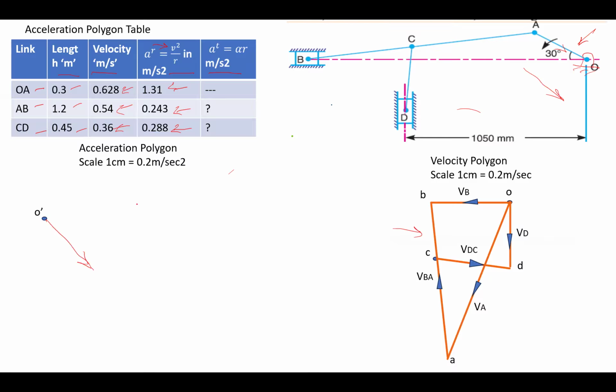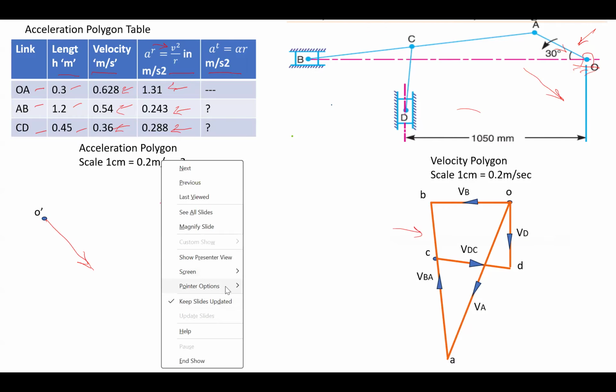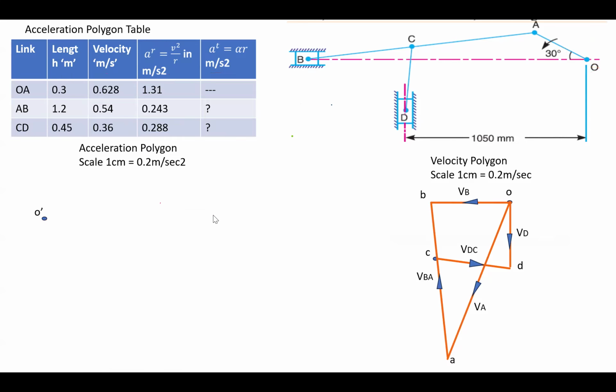You have to start from either the O or A point, whichever is available. We already have the O point, so from O draw a parallel line in the downward direction, parallel to AO, representing the radial component of OA. The end point is A dash. So the radial component of AO is here in front of you.